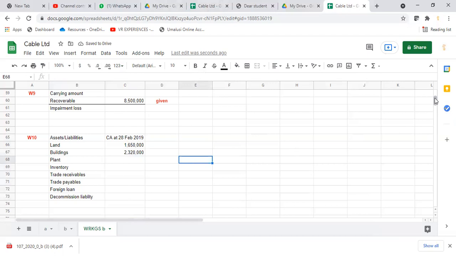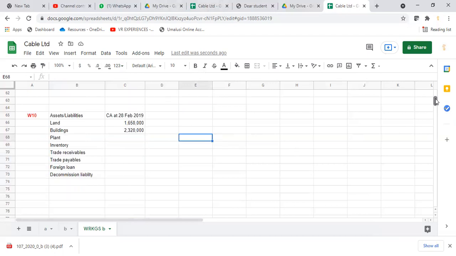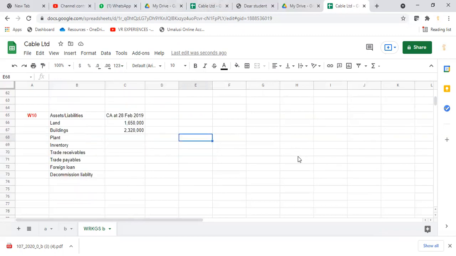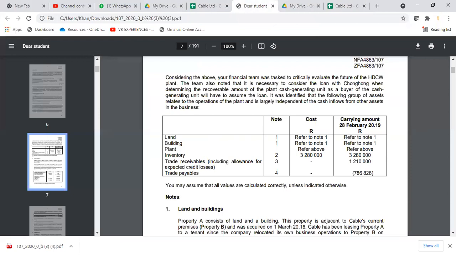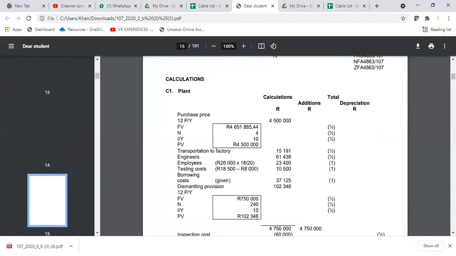Okay, next, what we want to do is the following. We'll come to plant just now. Let's look at inventory. If we go to the scenario and look at inventory, what did they say about inventory?